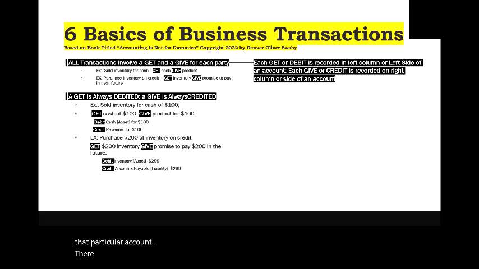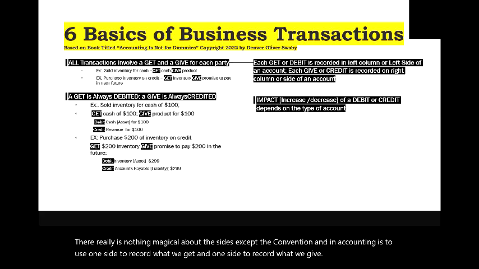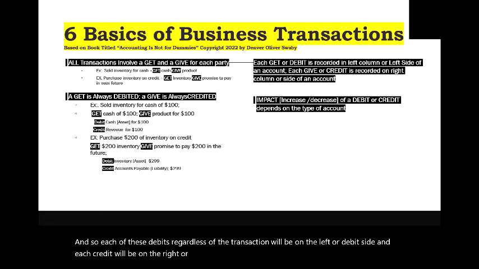There really is nothing magical about the sides, except the convention in accounting is to use one side to record what we get and one side to record what we give. And so each of these debits, regardless of the transaction, will be on the left or debit side, and each credit will be on the right or credit side of the account.